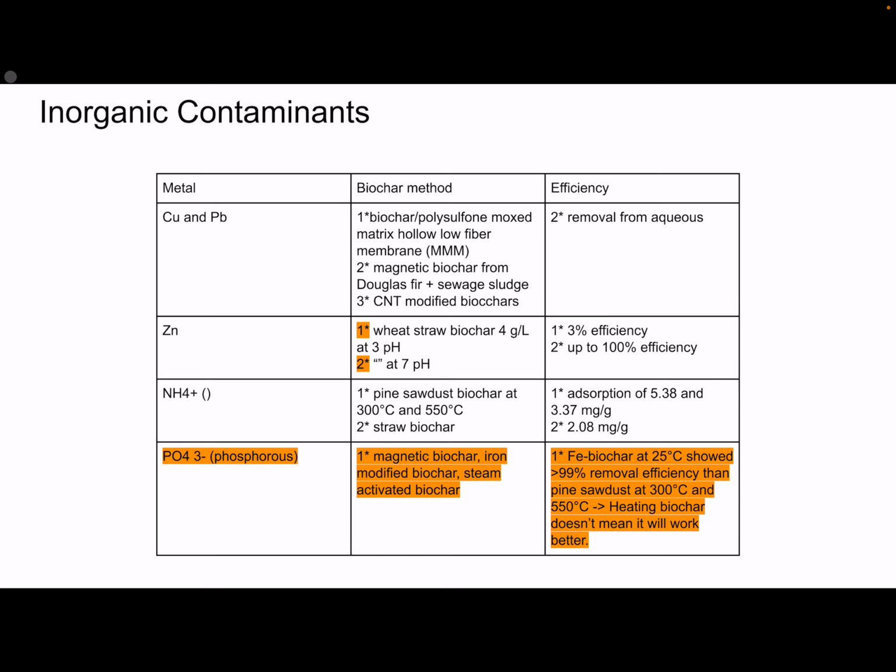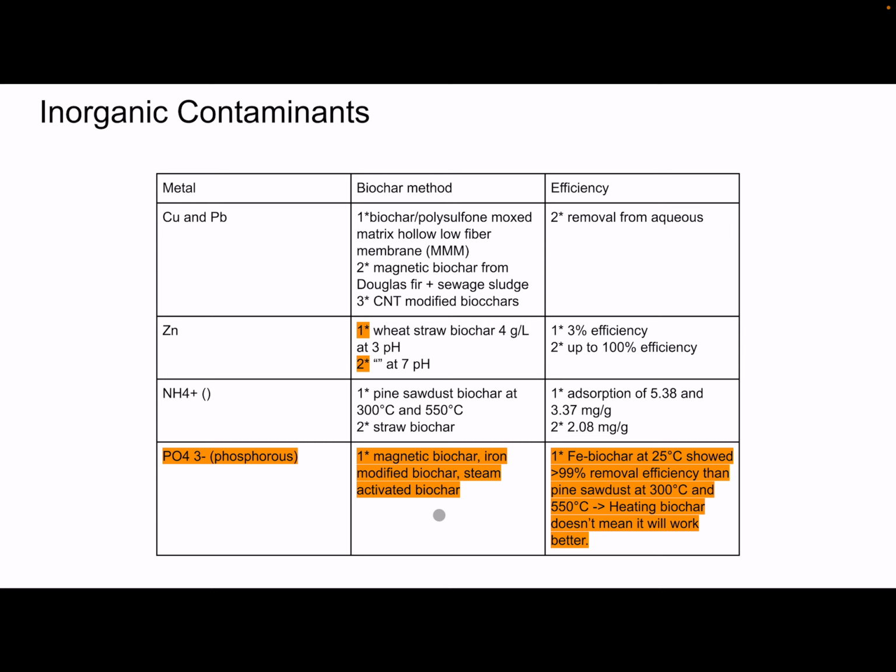This is talking more about inorganic contaminants and the specific type of biochar modification that would be best for this. So I just want to note that here you can see that using the same type of biochar but at a 7 pH versus a 3 pH increases the efficiency. Just going back to the point where pH of the solution impacts the efficiency of biochar.